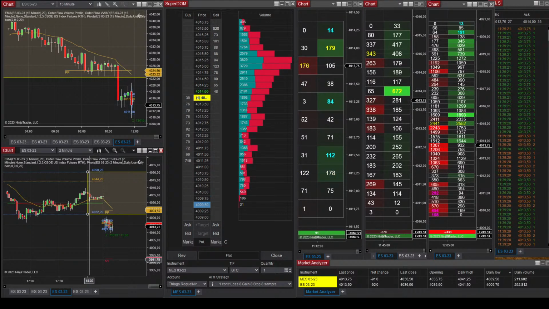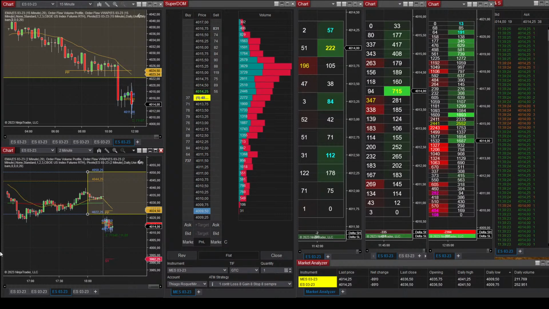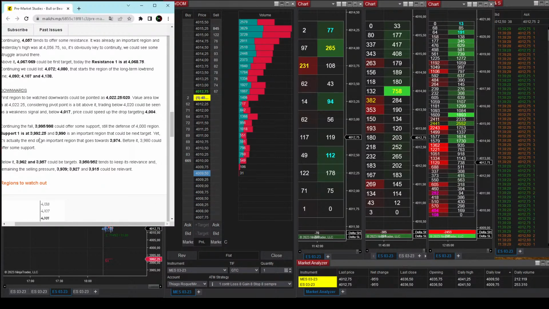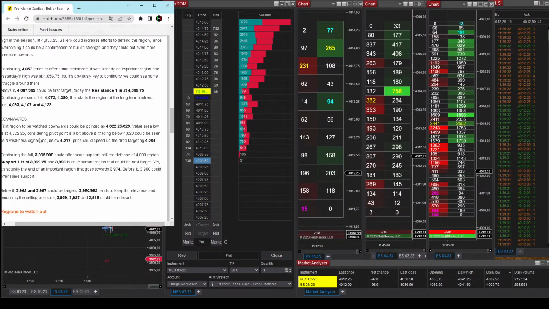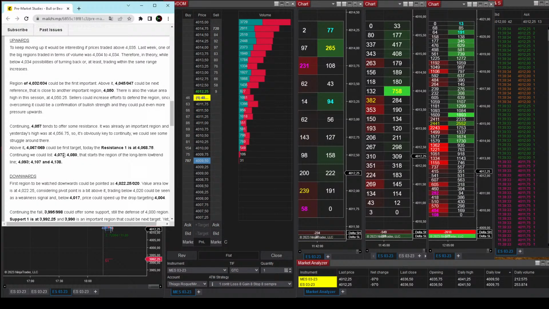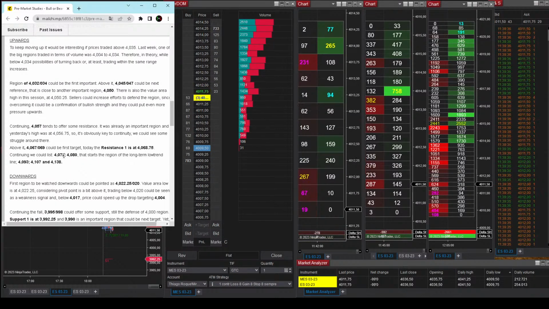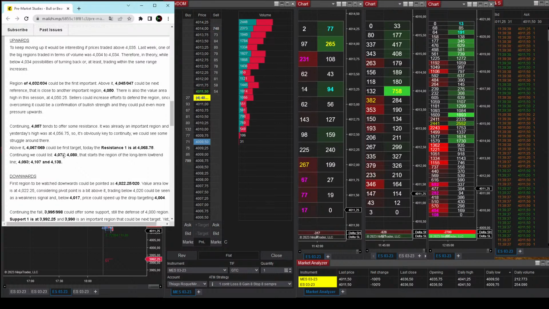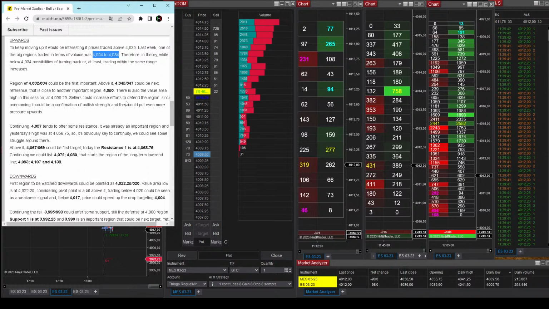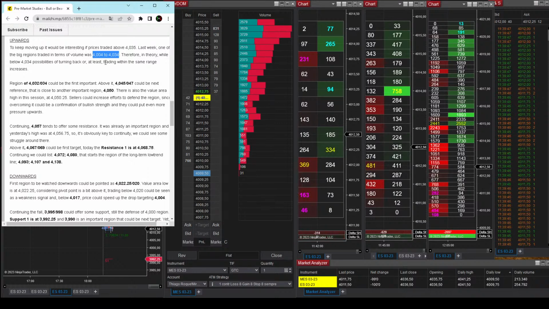It would be important to trade above the 40.35, 40.40, 40.35, I guess. Yeah, because you have a big region from 40.04 to 40.34. So it would be important to keep the possibilities of continuity of the hike.